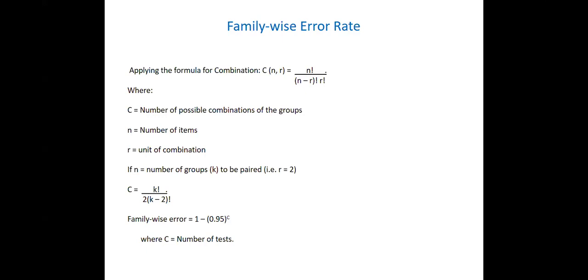Now, where I'm going is that 5% usually is an arbitrary value. The logic behind 5% is 1 out of 20. 1 over 20 is 0.05, 5%. If it's 1 out of 20, we can say it's significant, it's not due to chance.